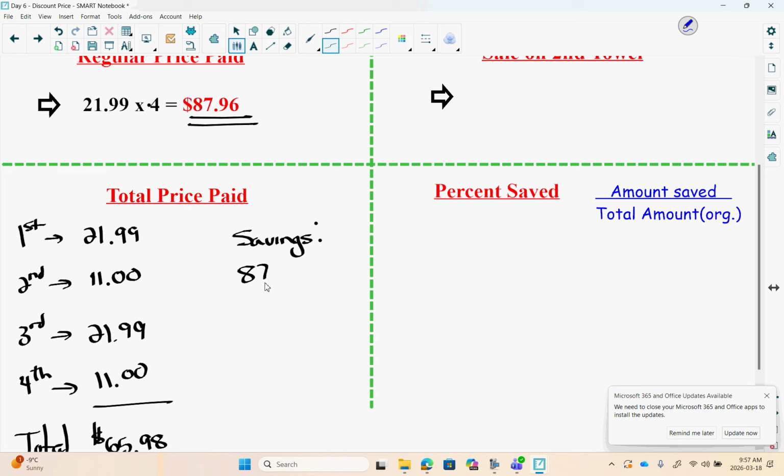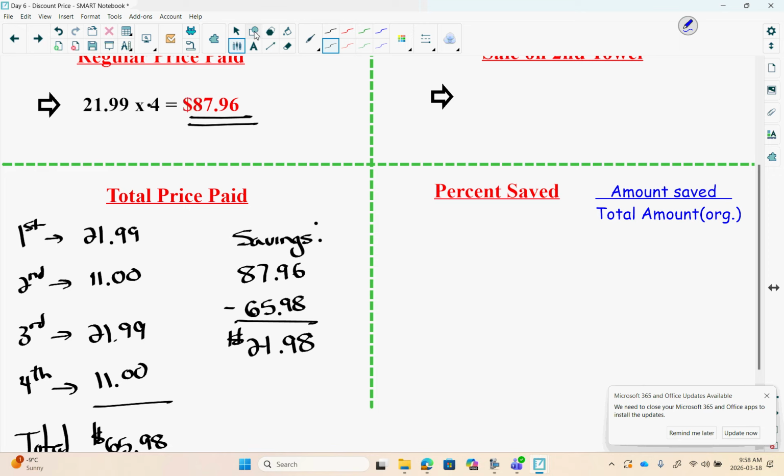Your savings are $87.96 minus $65.98. And that's going to give us $21.98. Okay, good deal. 20 bucks in your pocket.